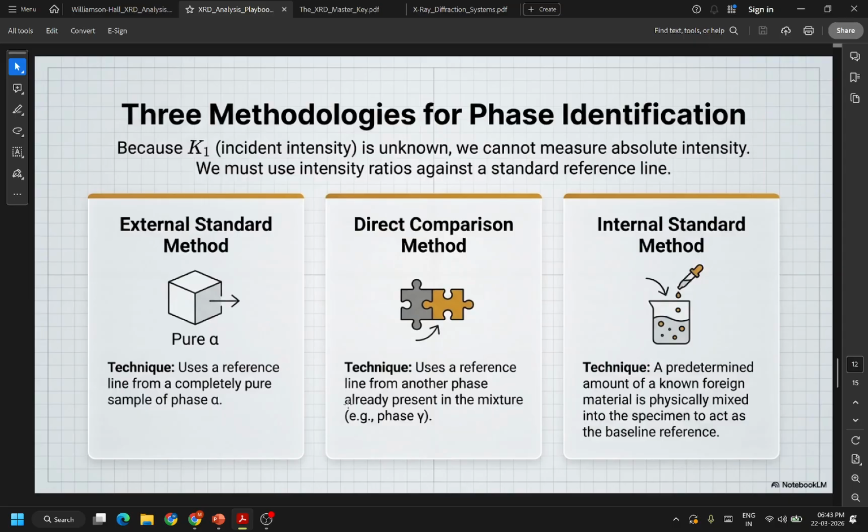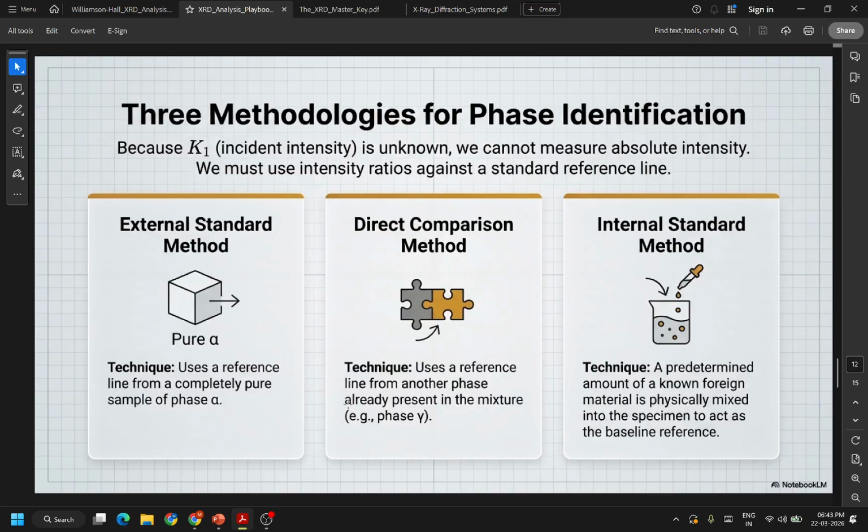So there are three methodologies for phase identification. Because the incident intensity is unknown, we cannot measure absolute intensity. We must use intensity ratios against a standard reference line.